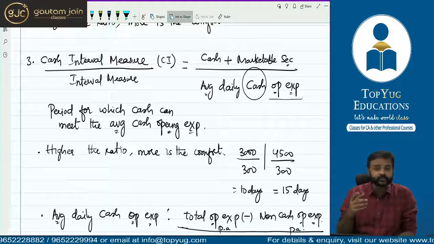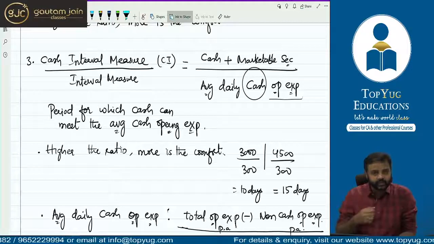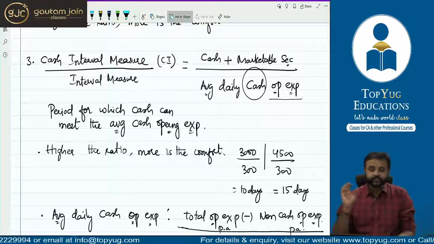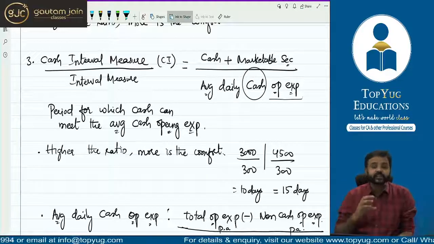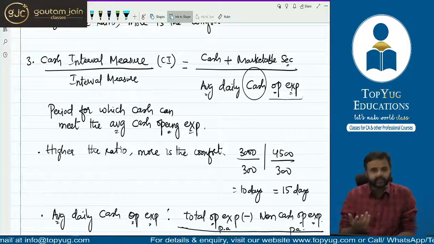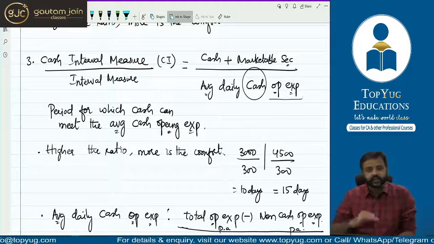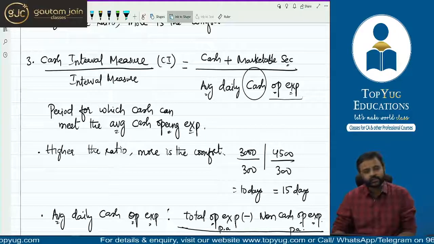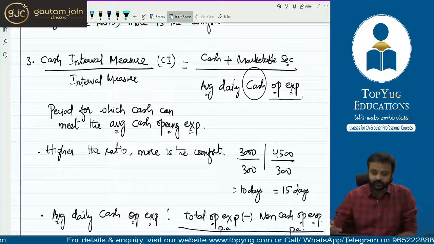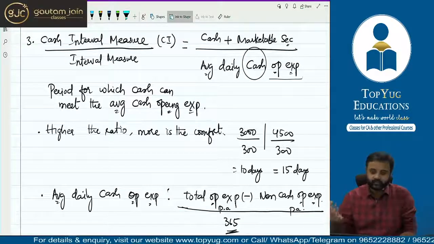Cash operating expenditure means operating expenditure for which cash has to be paid, cash outflow will be there, isn't it? So this will help us understand that the cash which is available is enough to meet 10 days of operating expenditure, 15 days, 16 days, 20 days. Obviously, the higher the number of days or weeks or months, the more the comfort, right? Instead of daily, we can take monthly, weekly, as per our requirement.